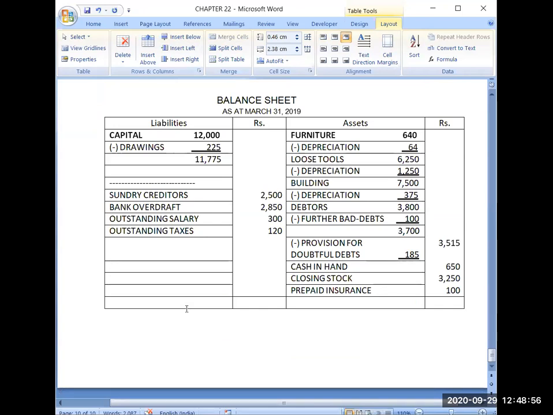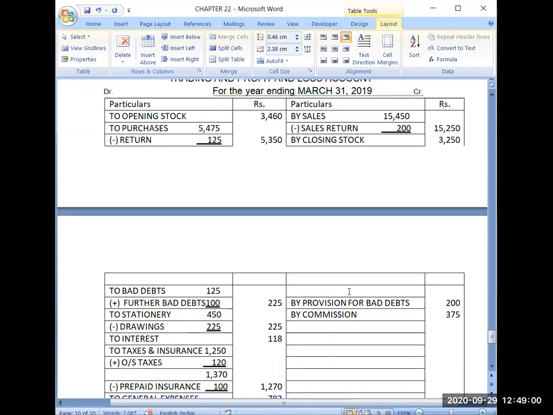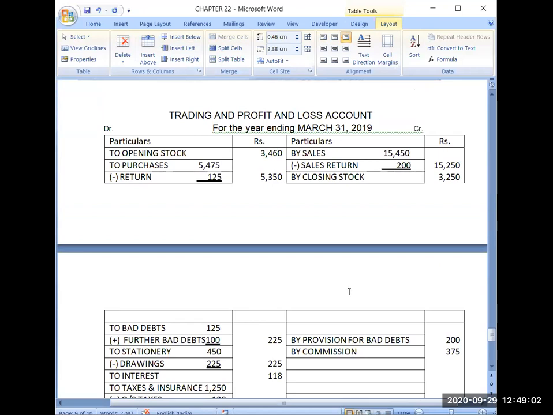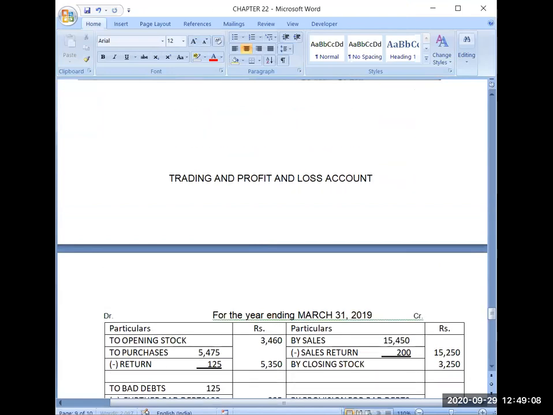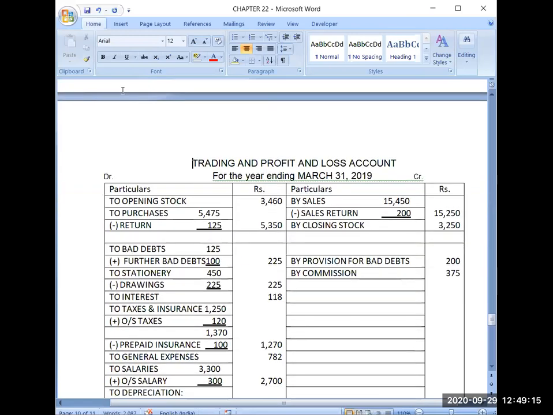Okay. Now we will calculate the gross profit first. So you can check. I should move it on the next page so that it will be clearly visible. Now this is our trading account. I will need one line for gross profit also.